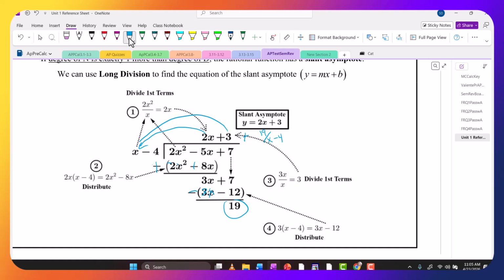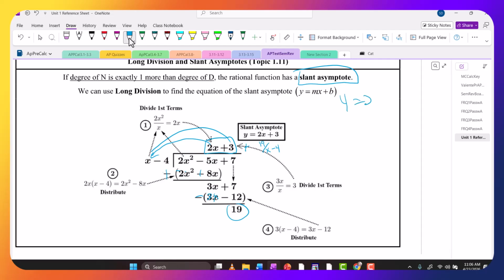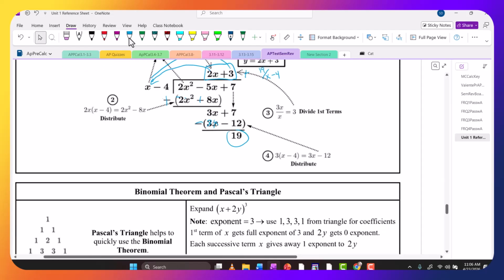All right, so just real quick, long division. But if you had to find a slant asymptote, then you really don't need that remainder. I was just doing long division all the way through so you understand that. But for slant asymptotes, we only care about this part. So y equals, it's already written over there, but I just wanted to clean this up a little bit, me doing this the long way and showing you the remainder situation.